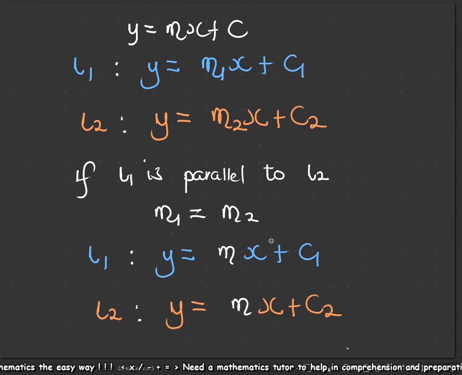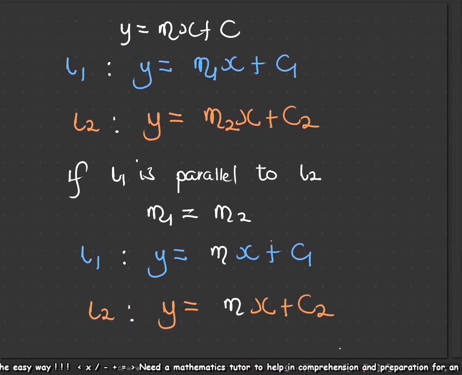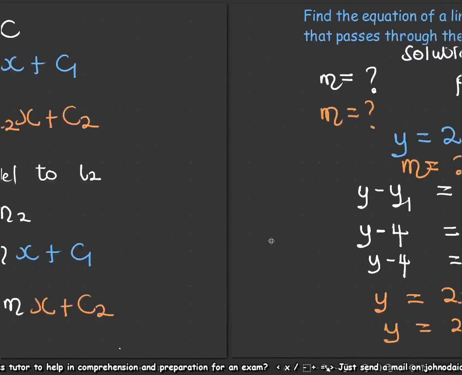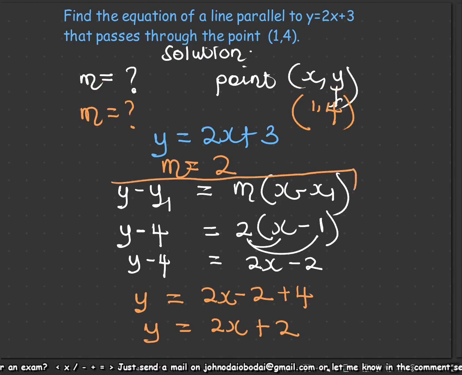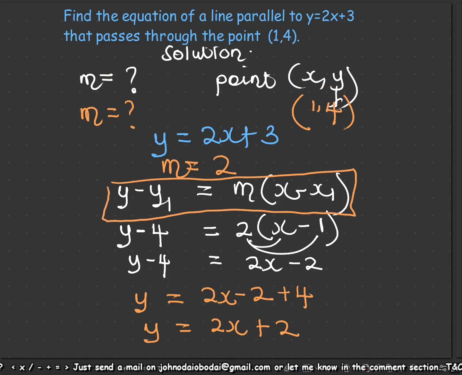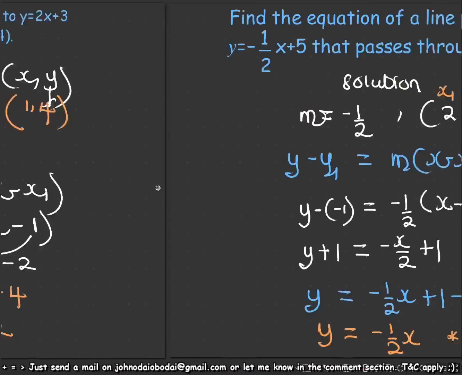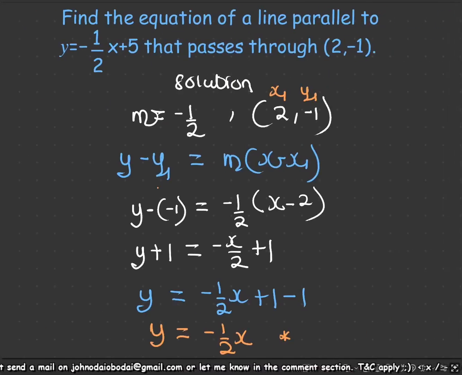So if the two lines are parallel, we can take the gradient from the equation in question, provided we've been given the point through which the other line passes. Then we have our gradient and our point, and using our formula we solve for the equation of the line, as we have done in these examples.